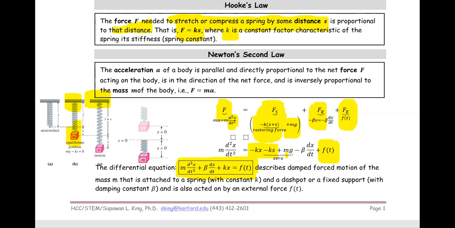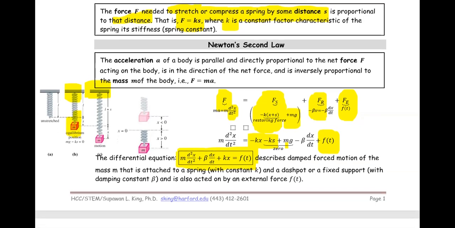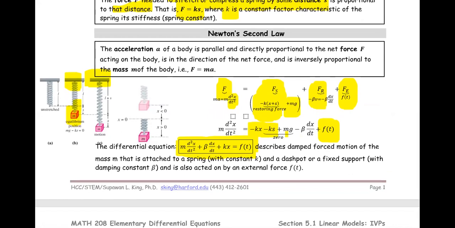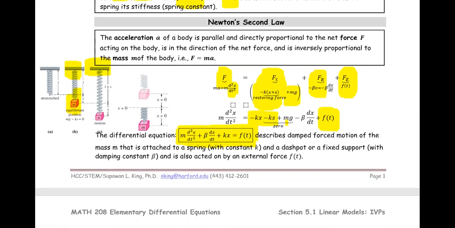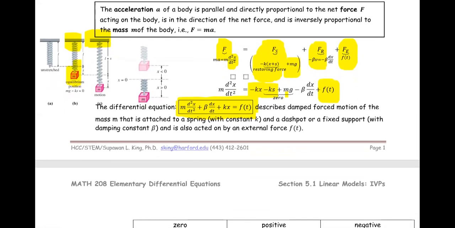If no f term, it's free motion, meaning f of t is zero. Damped means beta is not zero. Undamped, beta is zero, or no frictional force. This is the full version of the second order differential equation representing the motion of the mass attached to the spring. That's what we're going to work on for 5.1.